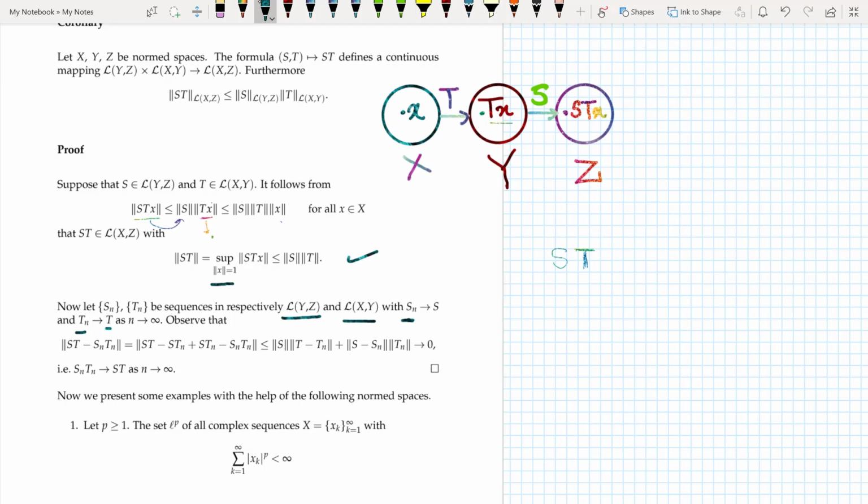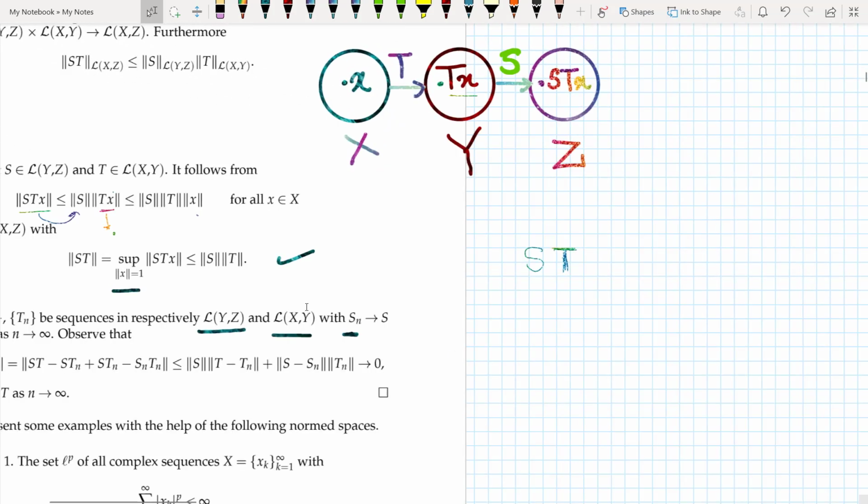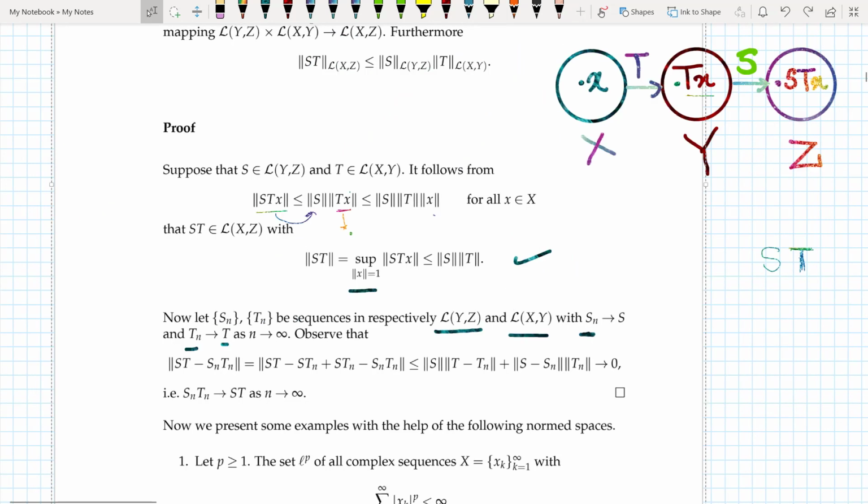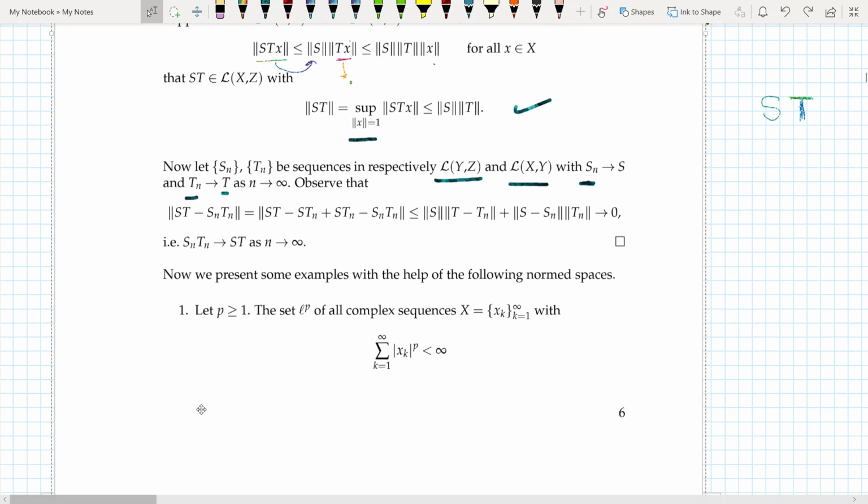I observe that if you look at this equation carefully, all that I have done is I took my ST, and these Sn and Tn are sequences, and I just added and subtracted STn.